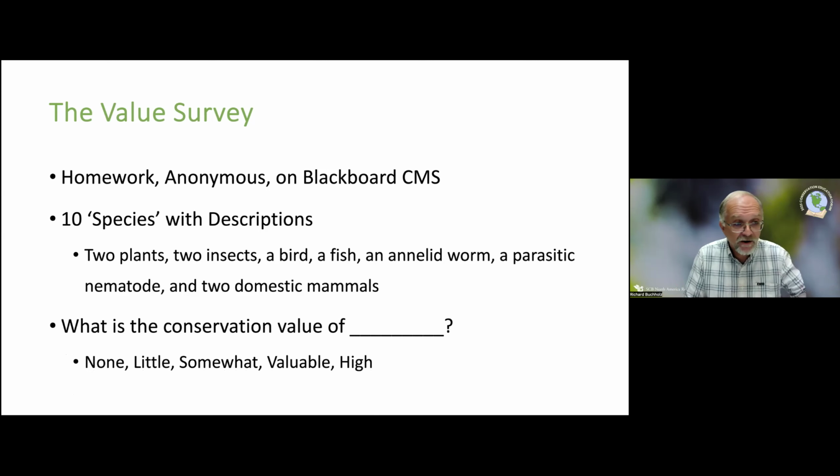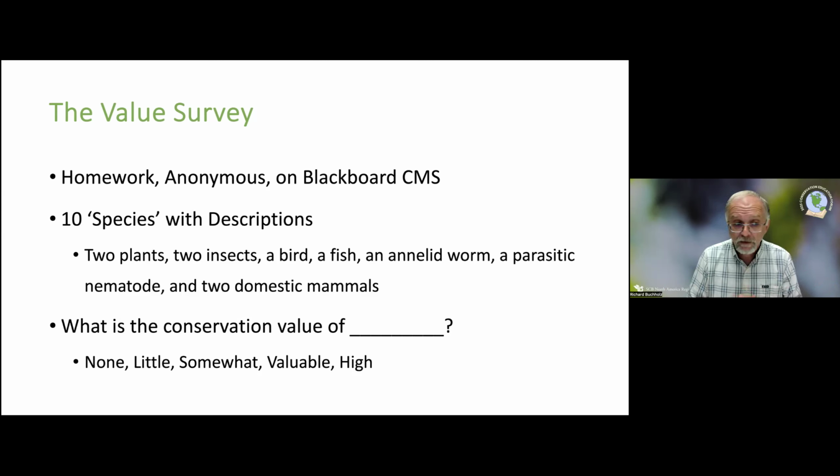In the survey, they're asked about 1 species at a time. They're asked to read this text that gives information about the species, and then before they can move on to the next species, they're asked to assign some conservation value. They can pick none, little, somewhat valuable, or highly valuable.